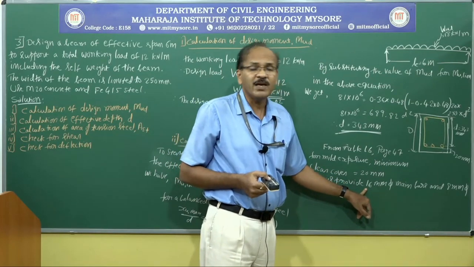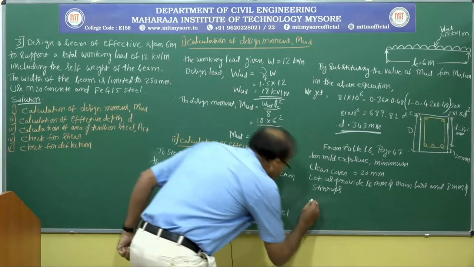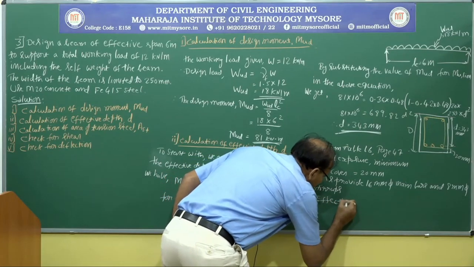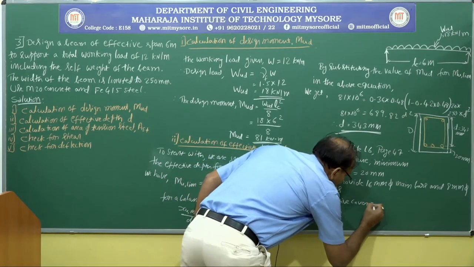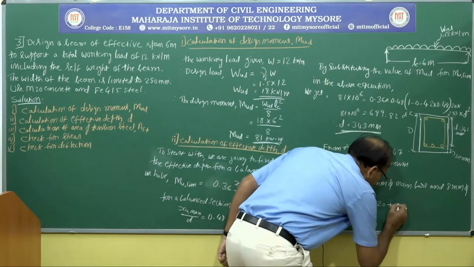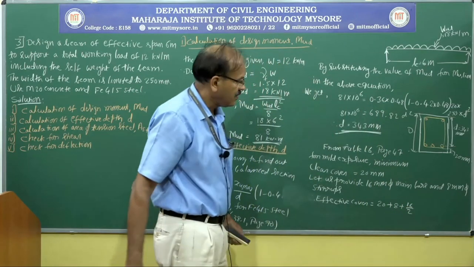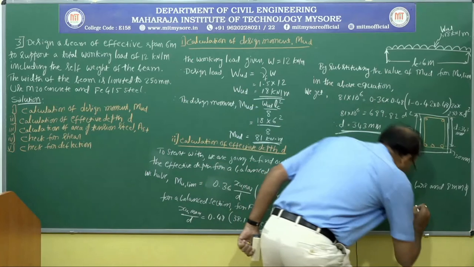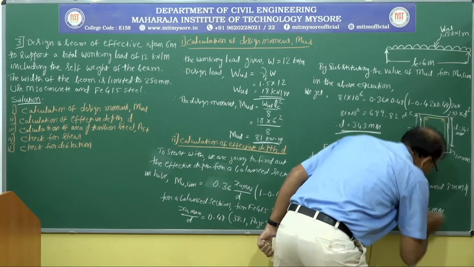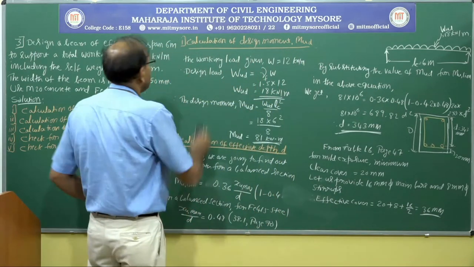Therefore, effective cover equal to clear cover plus diameter of the stirrups plus half the diameter of the main bar. That is equal to 36 millimeter is the effective cover. Okay?